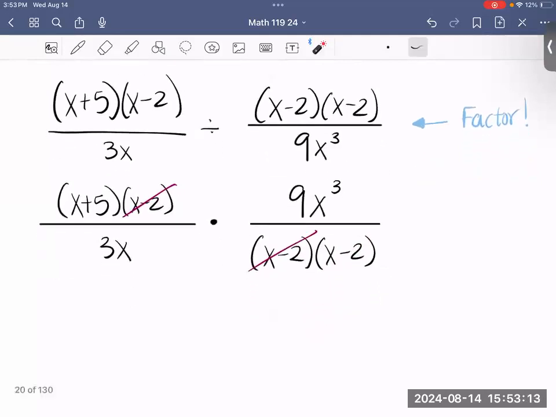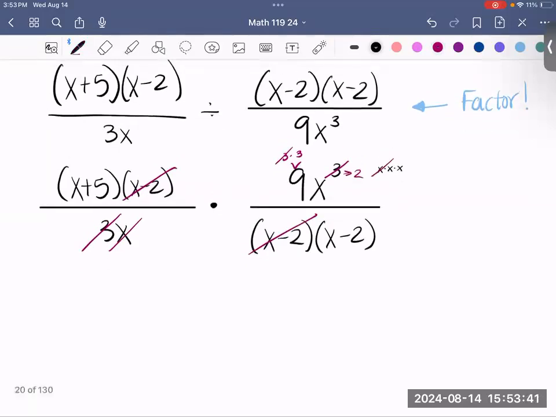Can anything else cancel out? Well, 9 can be written as 3 times 3, and there are 3 x's here, so be super careful when canceling. This x will cancel out with one of the 3 x's, because this is really x times x times x. You're only canceling out one of these x's.